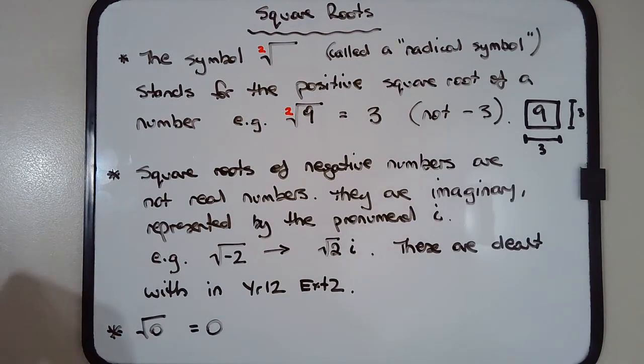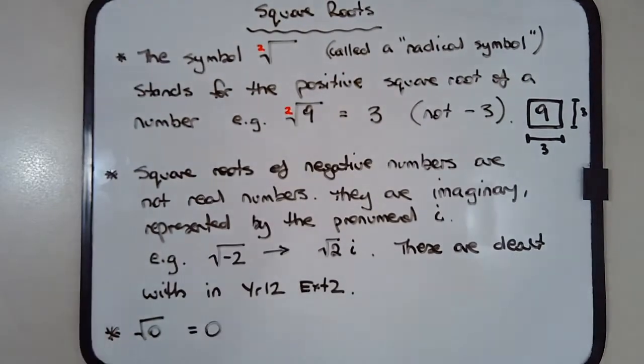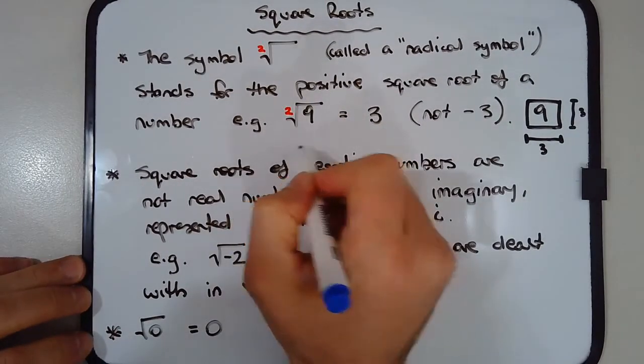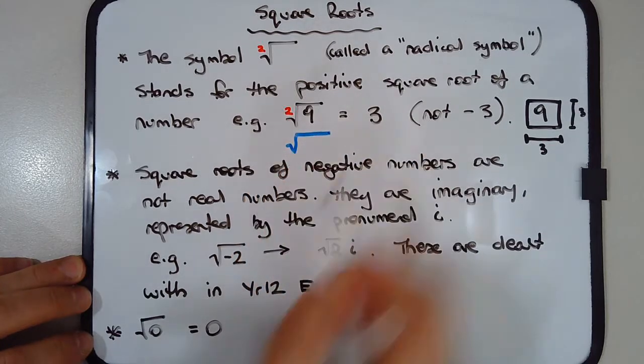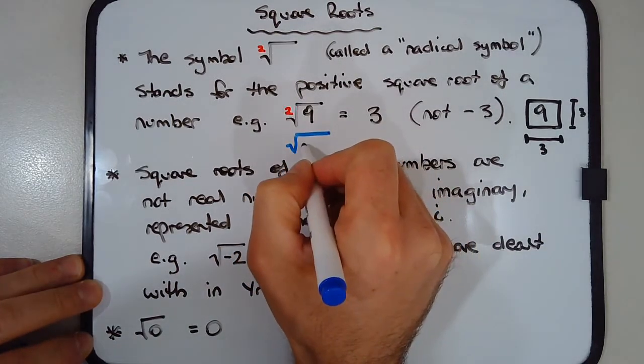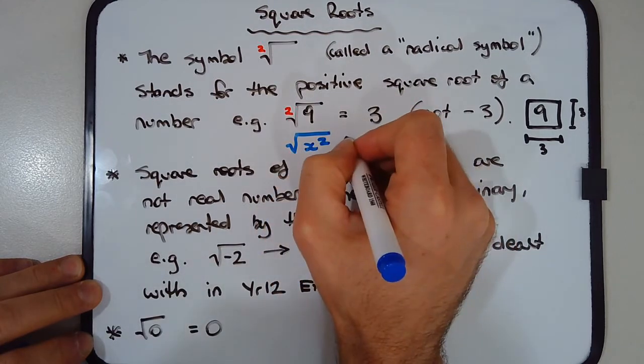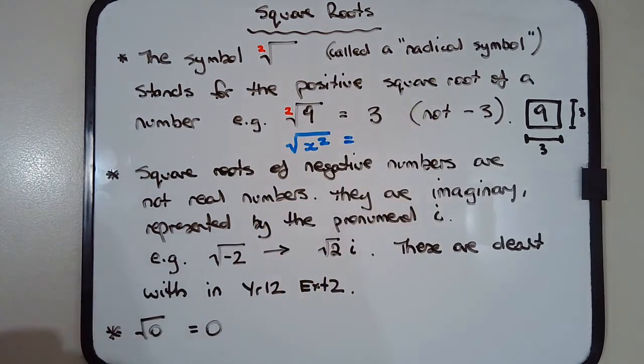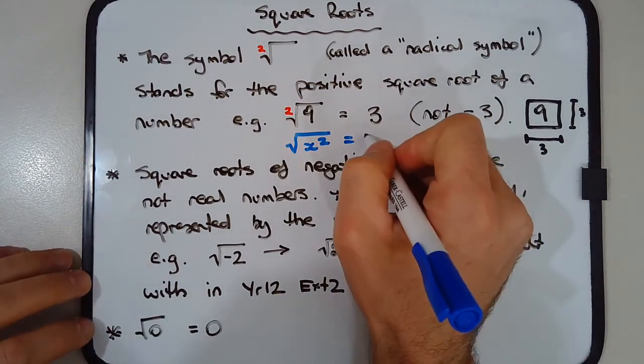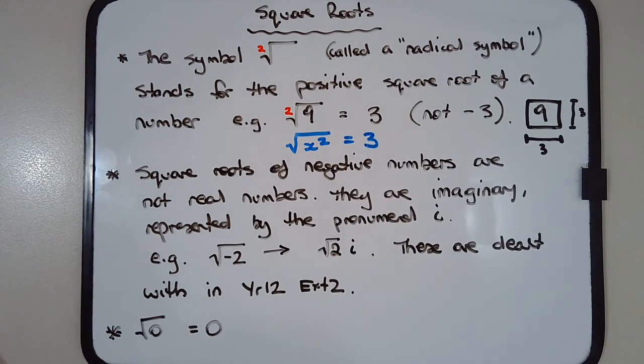Where it might get a little bit interesting is if we have, for example, I might just scribble it here, the square root of x squared is equal to, let's say, 3.